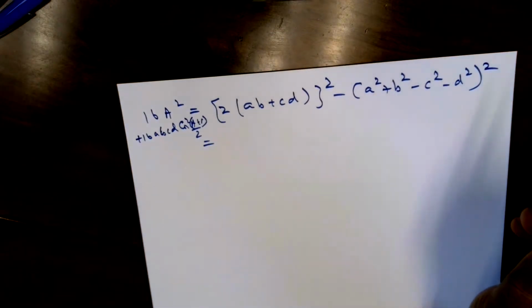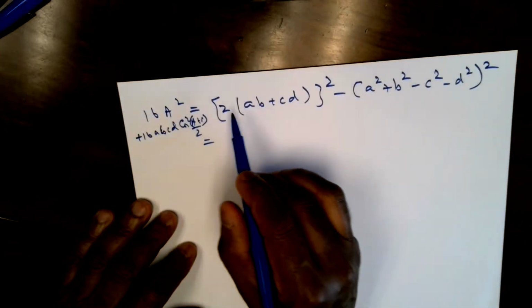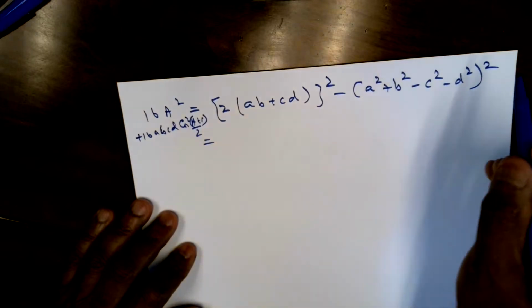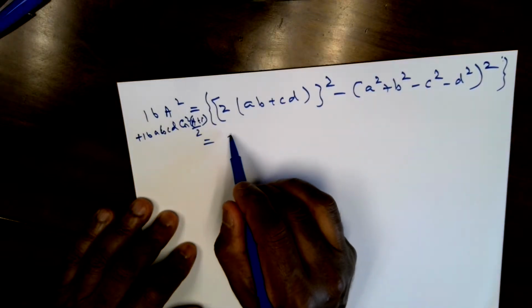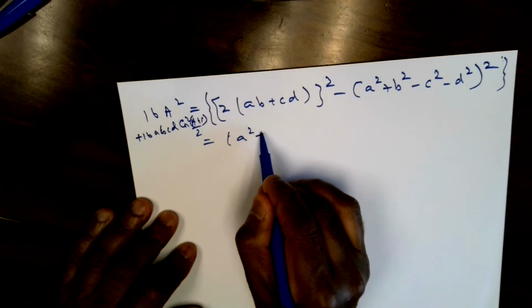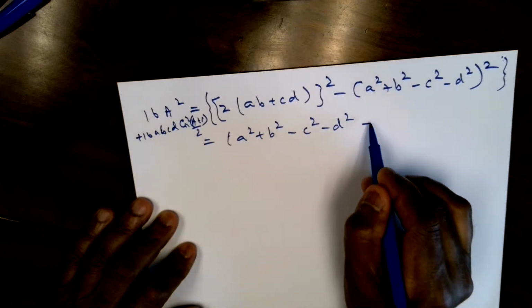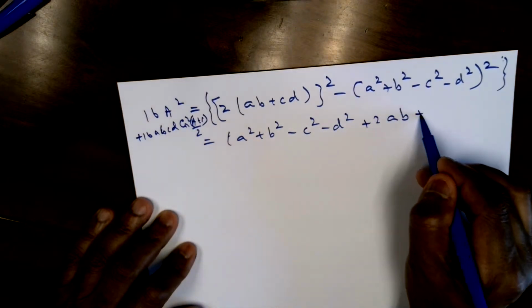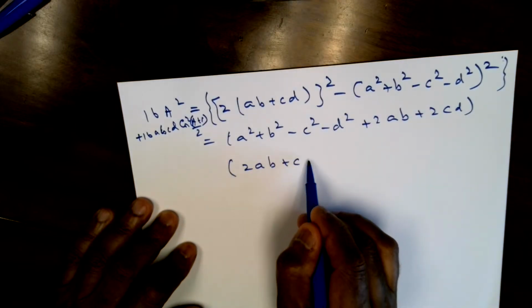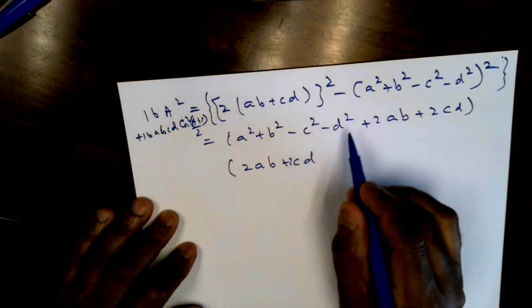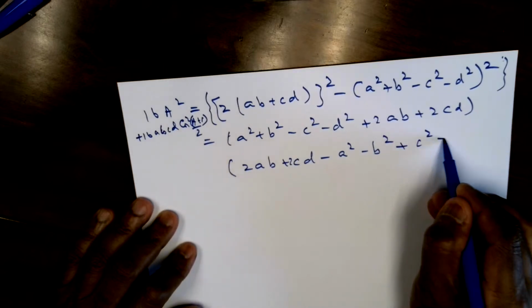Let me just simplify the right side. So this squared here. Again, notice that this is a squared minus b squared, so we can apply that twice. So you can see this is going to be a squared plus b squared minus c squared minus d squared plus 2ab plus 2cd, that's one term, multiplied by 2ab plus 2cd minus a squared minus b squared plus c squared plus d squared.